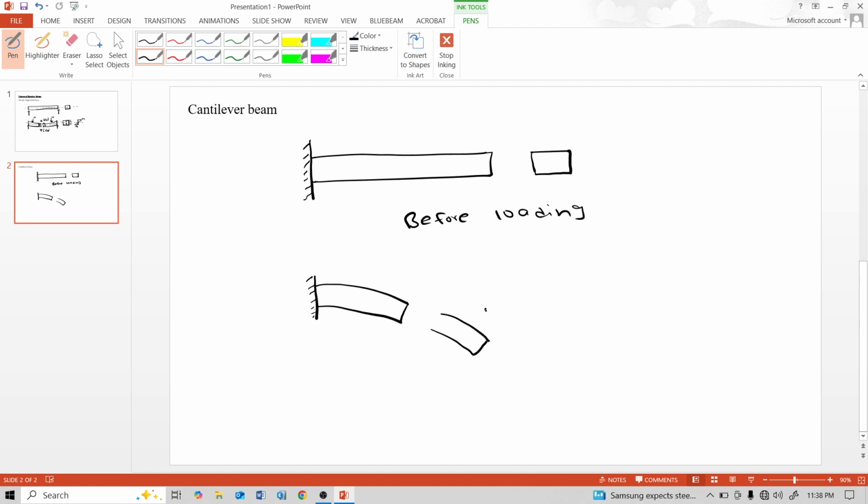Load P is acting here, and this beam shows tensile stresses on the upper side sigma T and compressive stresses on the lower side sigma C.